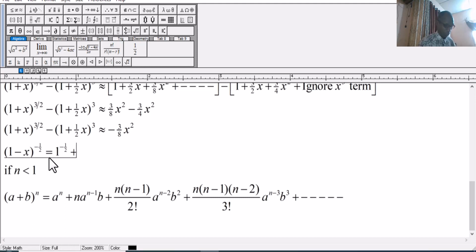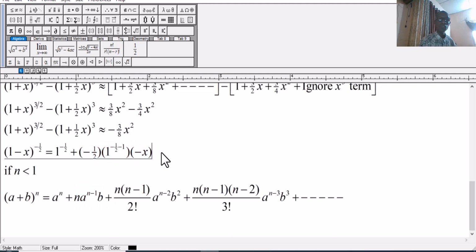The next one is minus 1 over 2, so we have 1 raised to the power of minus 1 over 2 minus 1. Then minus x. Just follow this pattern. This is where we are now. This is what I've expanded here.